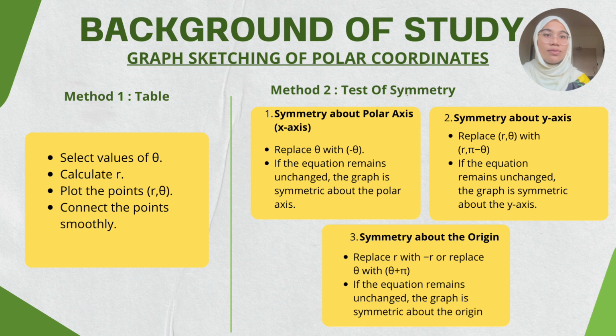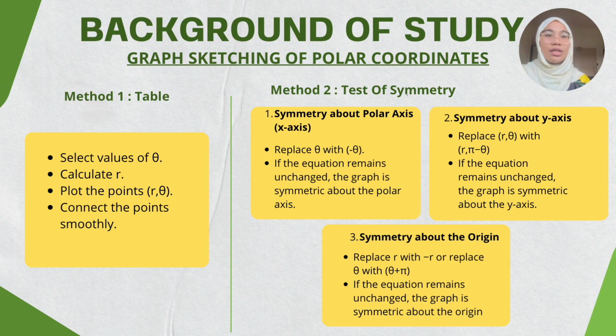We have 3 tests: symmetry about the polar axis, which is the x-axis, symmetry about the y-axis, and symmetry about the origin. For the x-axis, replace theta with minus theta. If the equation remains unchanged, the graph is symmetric about the x-axis. For the y-axis, replace (r, theta) with (r, pi minus theta).